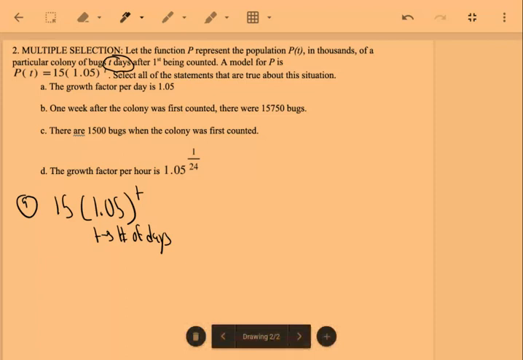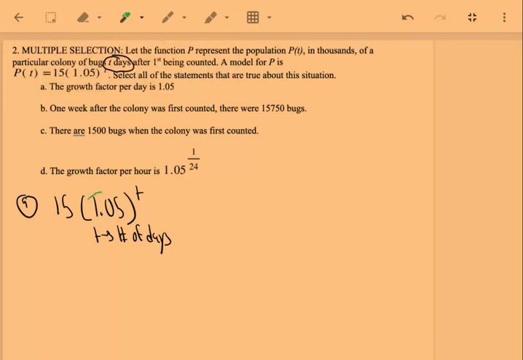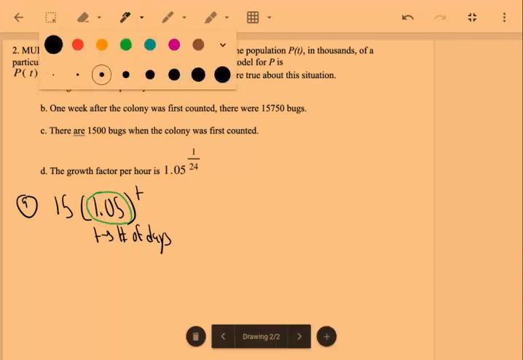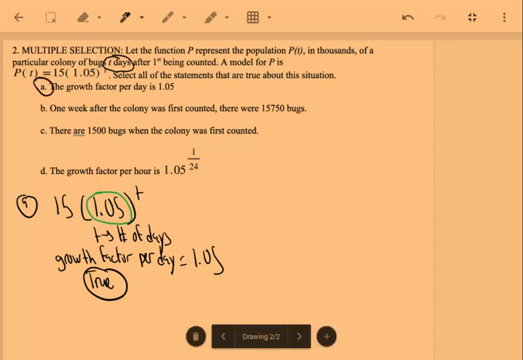Because t is the number of days, this 1.05 is my growth factor per day. So growth factor per day is 1.05. So A is a true statement.